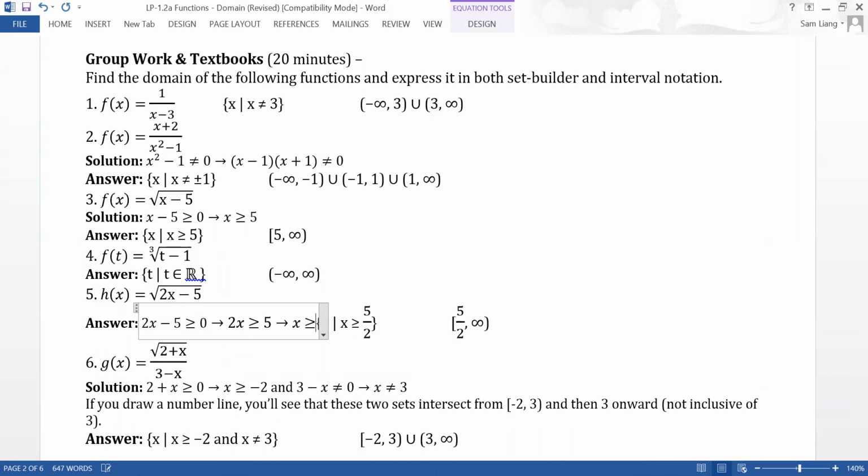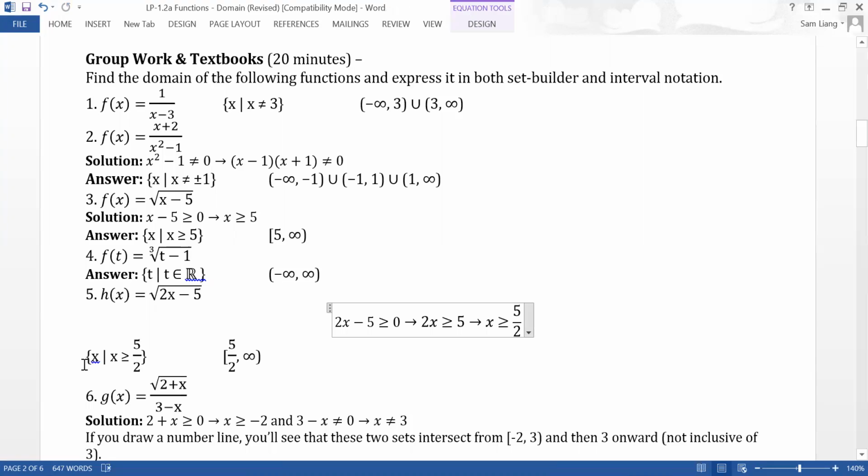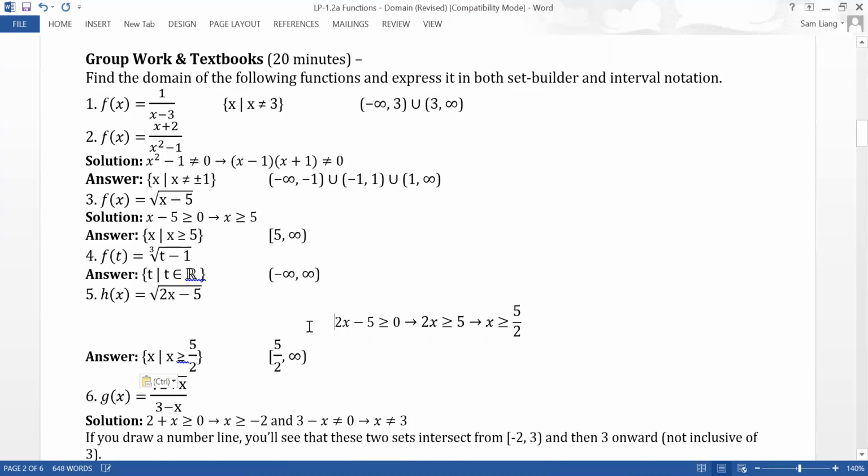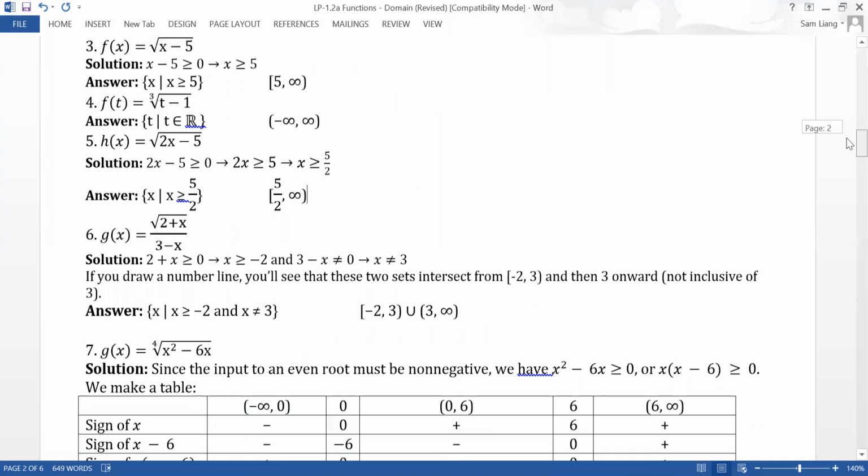Dividing both sides by 2, we get 5 over 2. So x is greater than or equal to 5 over 2. That's set builder. Interval notation is 5 over 2 to infinity. 5 over 2 is included.